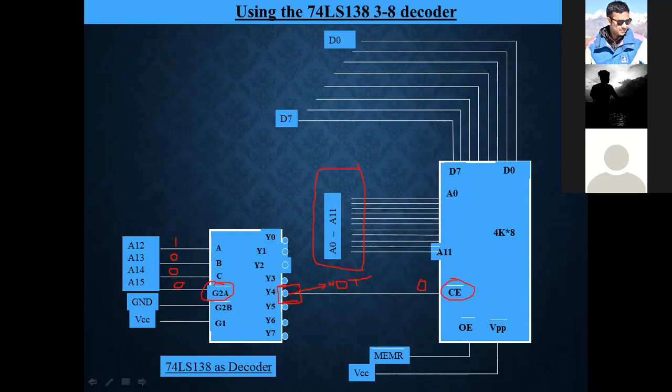This is 1 and this was also 1, and if we divide it like this, it will come like 1 0 0 0 to 1 F F F. So the address range will be 1000H to 1FFFH. Clear? Clear or not? Any questions you can ask?